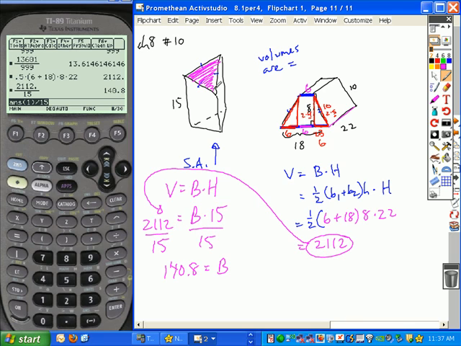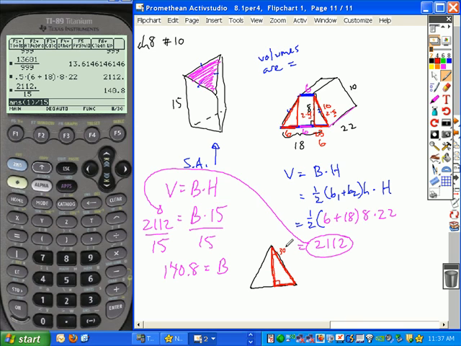And now we can go to that base shape. The base shape is an equilateral triangle. So I'm going to rewrite it right here, because of the area formula for an equilateral triangle, if we were to draw this in. What kind of triangles are created when we draw in this altitude here?